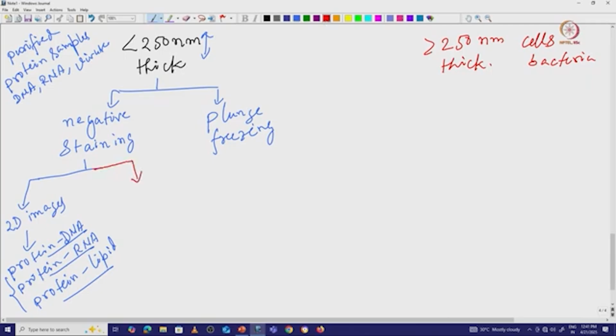Now, 10-15 years back, a lot of the time these negative staining images were used for tilt pair reconstruction. It is a random conical tilt that we collect, so a 3D structure can be done at very low resolution.